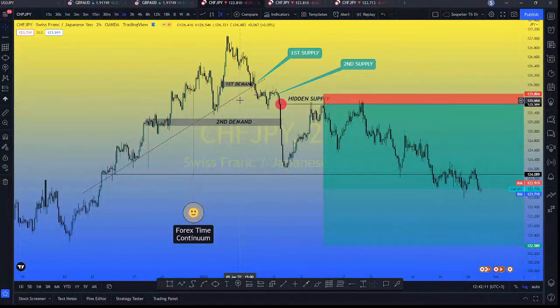But when the second demand is taken out, that's when you confirm: now we are bearish. Because those who've gone through ICT, the deep one, there were things called the real structure points. So you have to be keen on that.